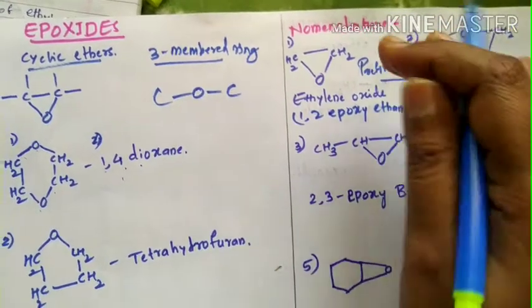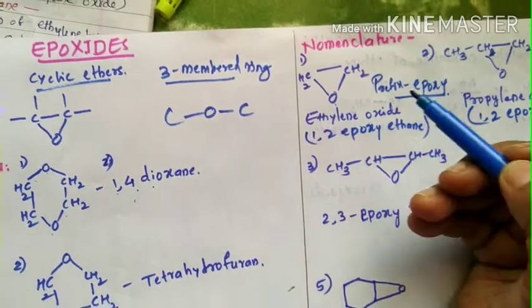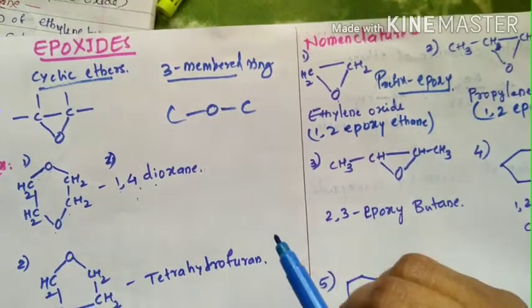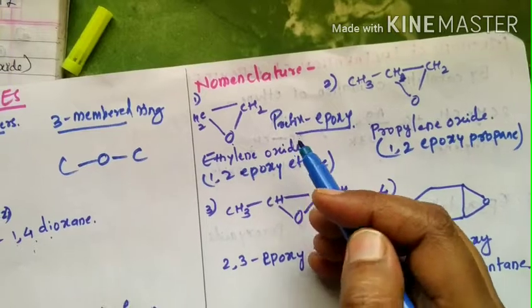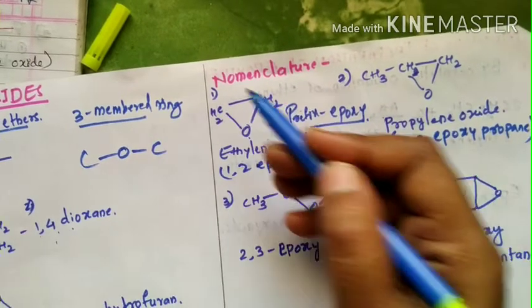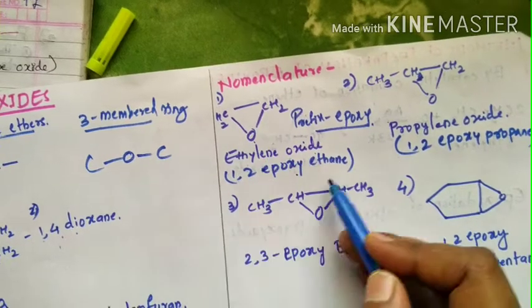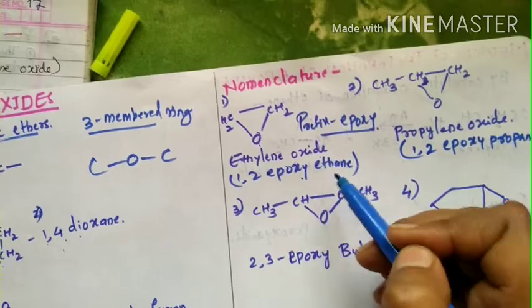Suppose we see the example, this is CH2CH2O. Commonly it is known as ethylene oxide, or you can say 1,2-epoxyethane.